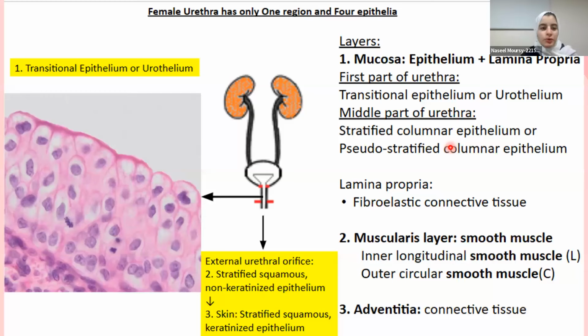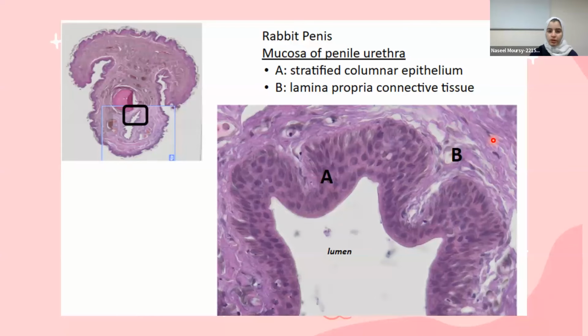All right, we talked about male. Now, female, as we said, is very, very short. However, it does have differences. Transitional epithelium is in the first part of the female urethra. We're not going to say prostatic urethra because females don't have a prostate. Then in the second part of the urethra, you would have stratified columnar epithelium, like what we saw in the penile urethra.